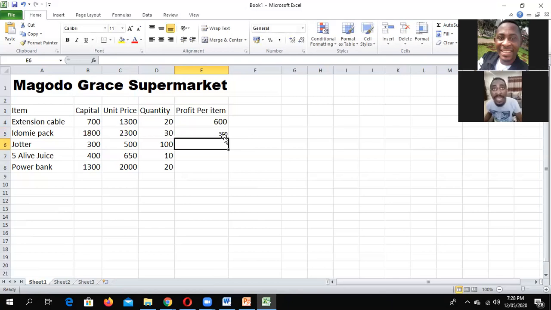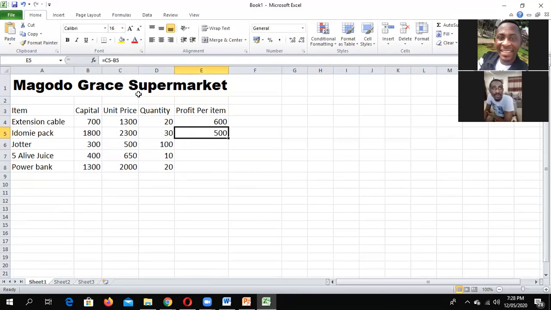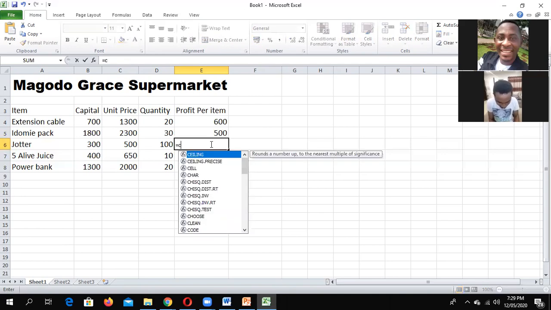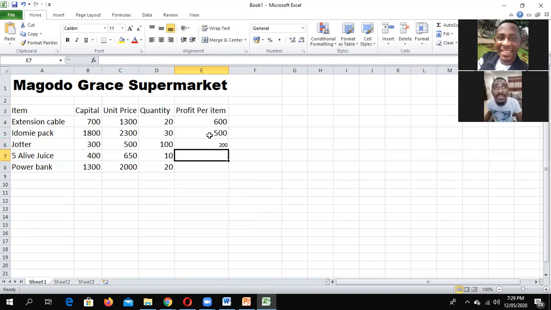And then that's our answer, 500. So that means Grace Supermarket Magodo made 500 on 1 pack of Indomie. So we'll go ahead to do the next one. We'll say equals to C6 minus B6. That's our answer. It means they made 200 from selling a unit of Jota.